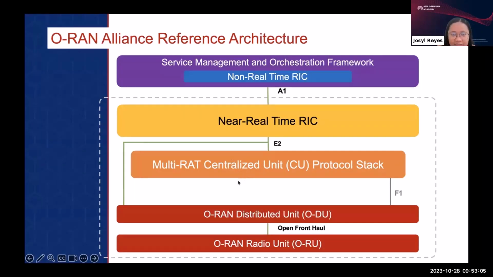Okay, and then we have the distributed unit, no, connecting to the CU. So CU to DU is the mid-haul. Another name for the mid-haul interface is F1. This is specified, no, by our 3GPP, no. And then the front haul interface connects the DU and the RU, no.